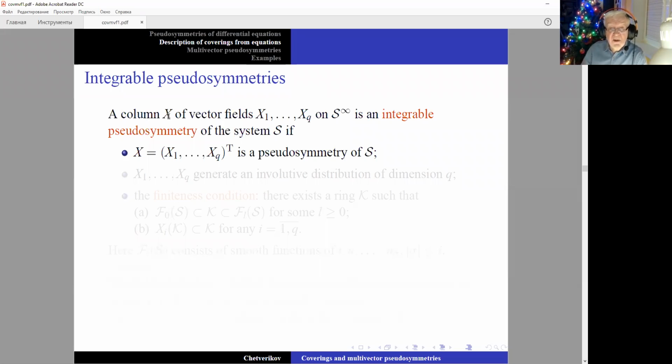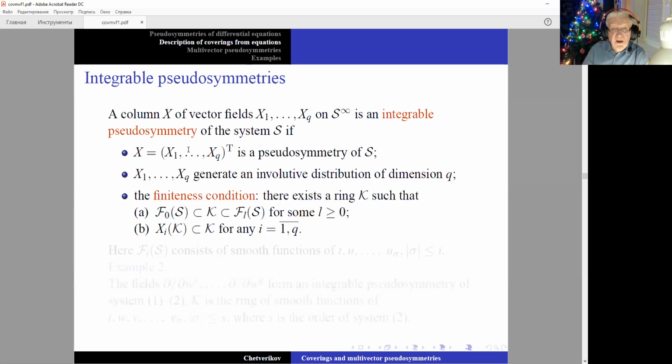A column X of vector fields on the infinite prolongation of system S is an integrable pseudosymmetry of system S if X is a pseudosymmetry of S. The vector fields x1, ..., xq generate an involutive distribution of dimension q, and the finiteness condition of this form holds.